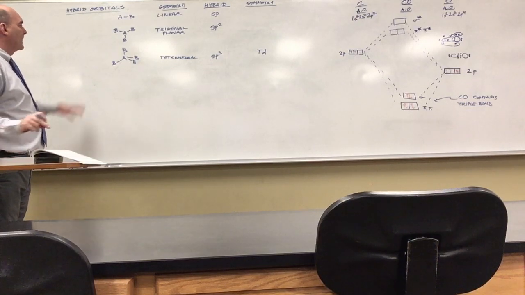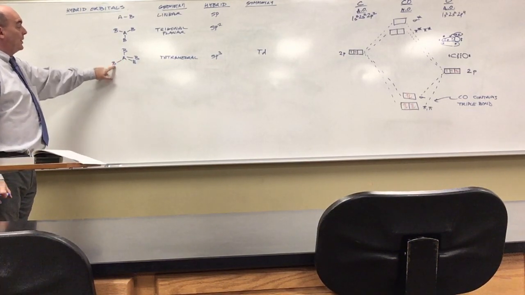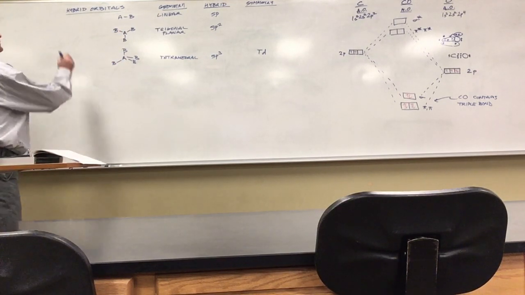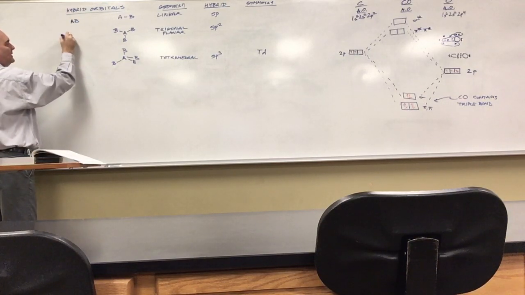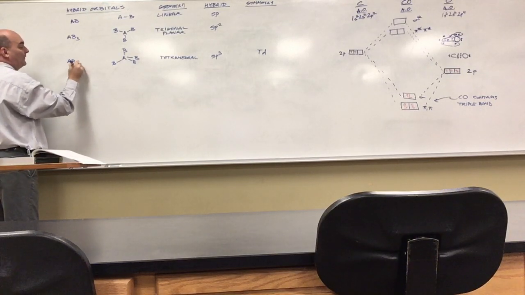Now, this is an atom that is bonded, B becomes a bond. So my chemical formula is AB or AB3 or AB4.